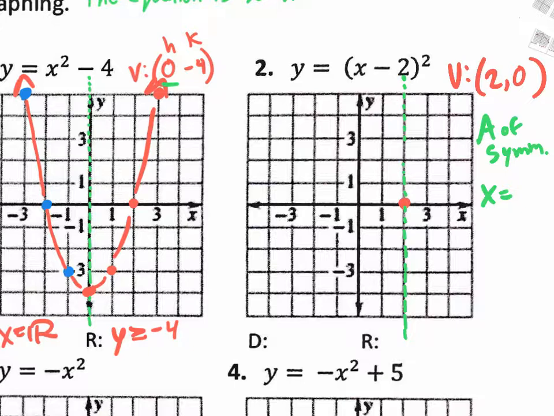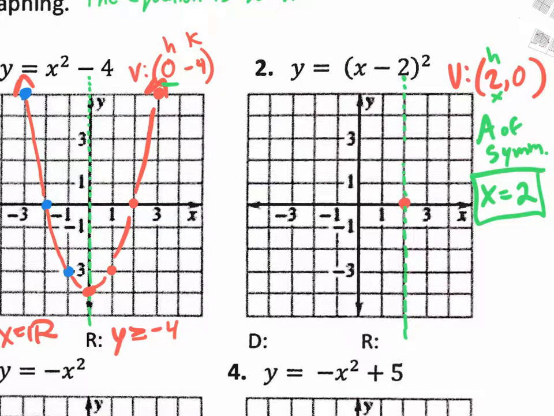It's going to be the x value of your vertex, which is really the h value, which is really what? 2. So the axis of symmetry equation is x equals 2. That makes total sense because if you go to the x-axis, you draw a vertical line right through 2, that's the equation x equals 2. And now that we know the reflection line, now we could go with the pattern from the vertex. All right? So let's go to the vertex, and my a value is what? 1.